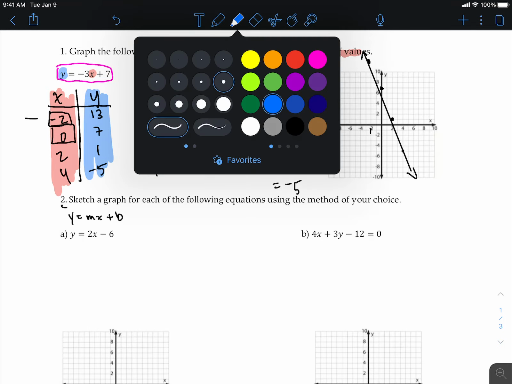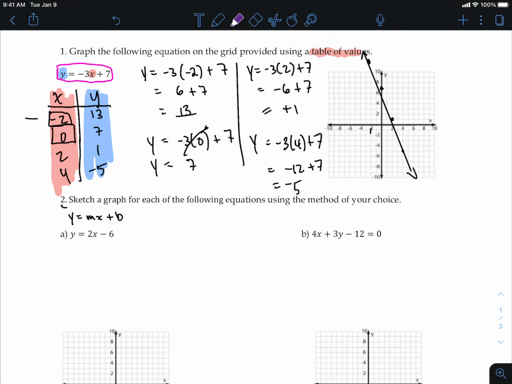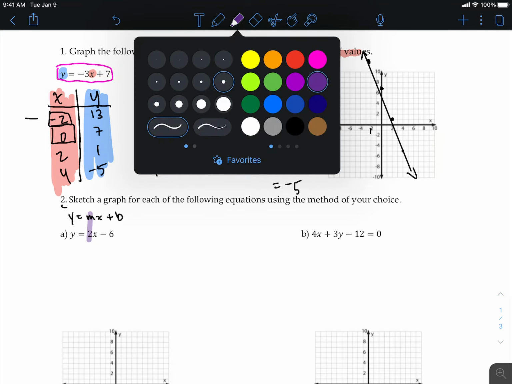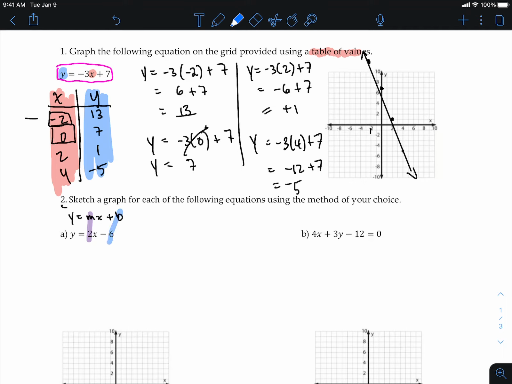Here you can see m, and you can see the b value. Do we remember what m and b are? Good. Okay.